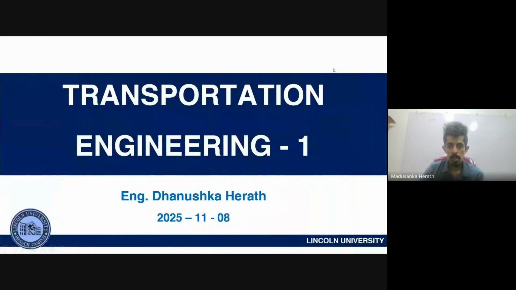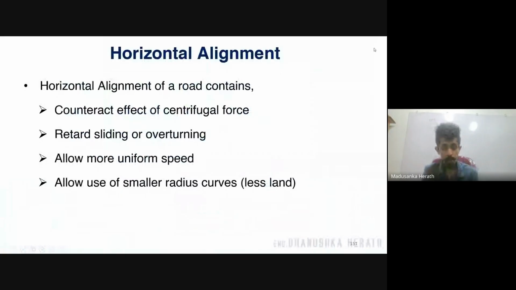Right, so last week we stopped at the horizontal alignment part. So I will continue from that point today. When we consider the horizontal alignment of a road, it will consist of different forces.